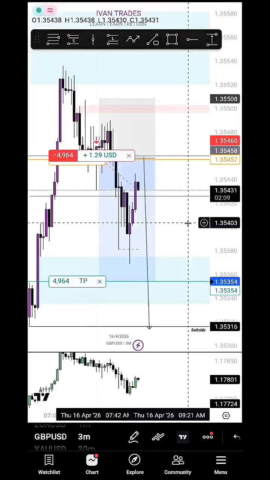Maybe I trailed my stops too aggressively, or the spreads were too huge.